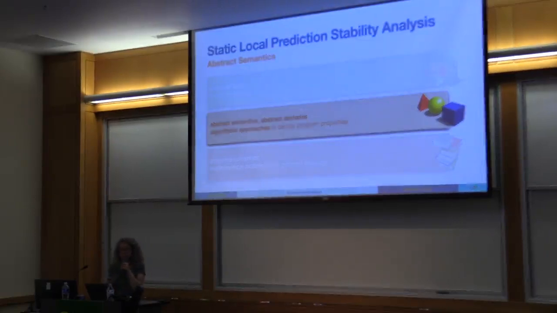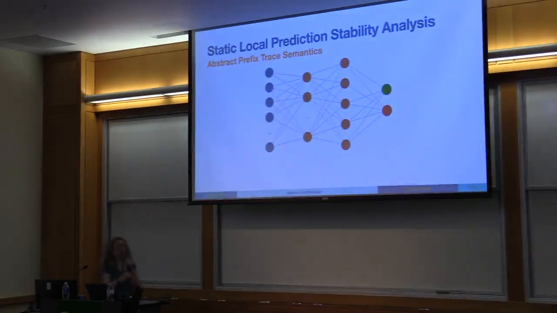Now for the abstraction. The abstraction is going to be quite easy, in fact. We just have to do an abstract prefix trace semantics. The idea is we're going to start with an abstraction of our neighborhood, using whatever abstraction we want, intervals for instance.